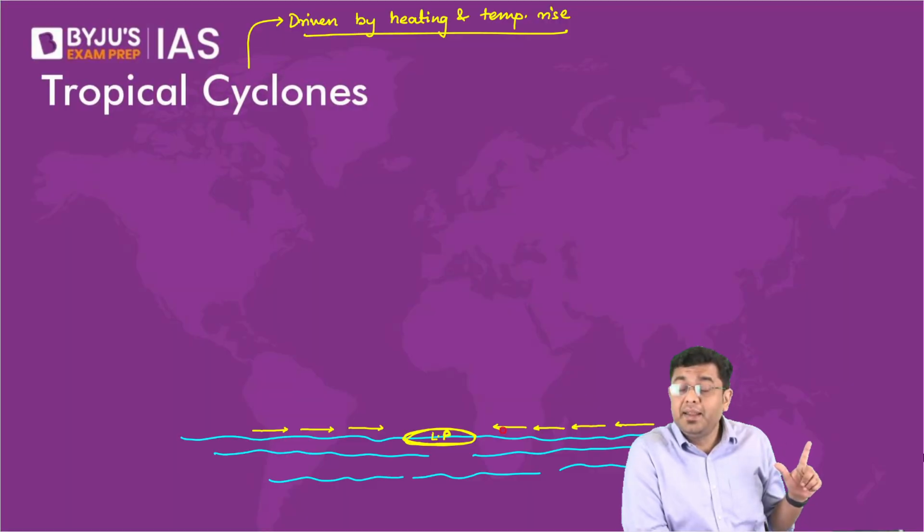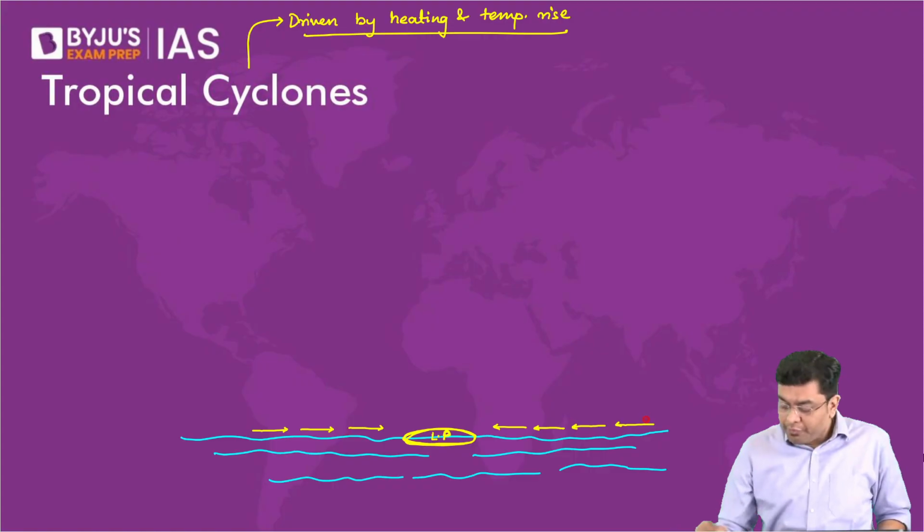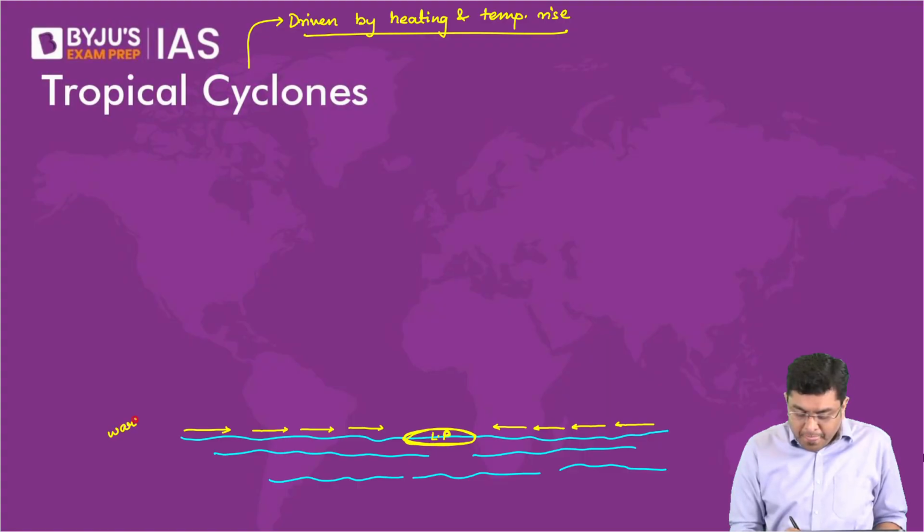And secondly, can we say that it will be very moist? We can always say that. Beautiful. So here you have warm and moist air.